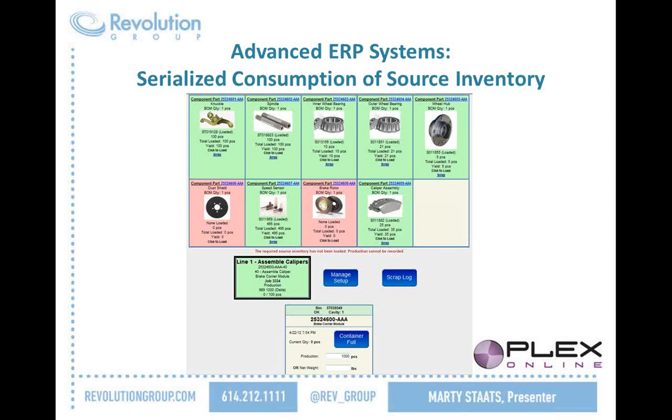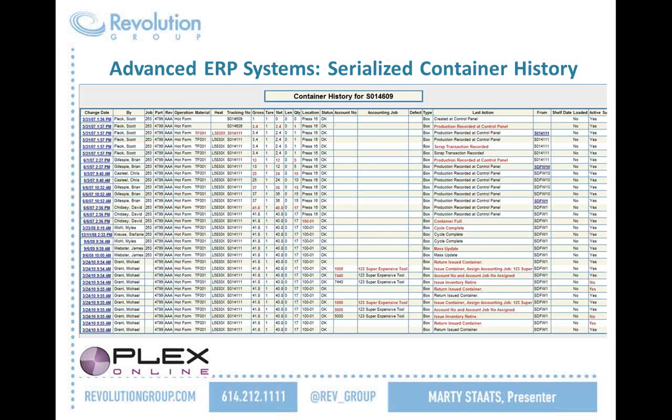This gives you a feel for the container history that may be afforded to you by these advanced systems. In this, you can see the transaction times that each of the transactions occurred. You can see who the responsible individual was, whether it's a manufacturing employee or a warehouse employee as they move the parts through the operations.